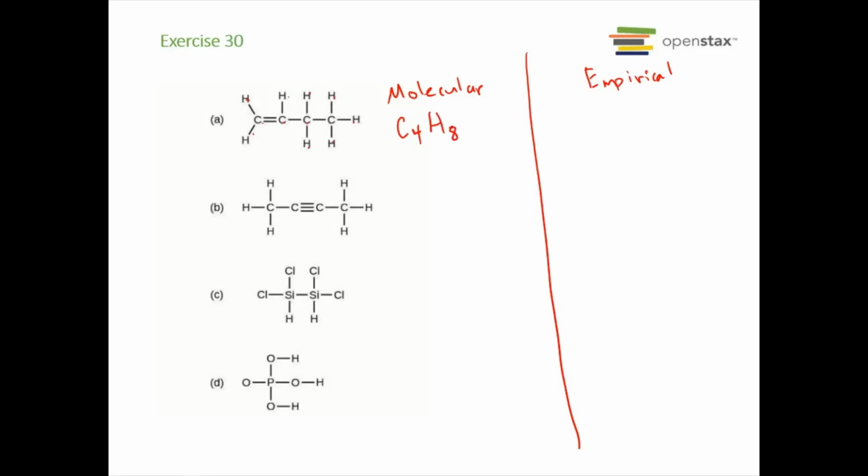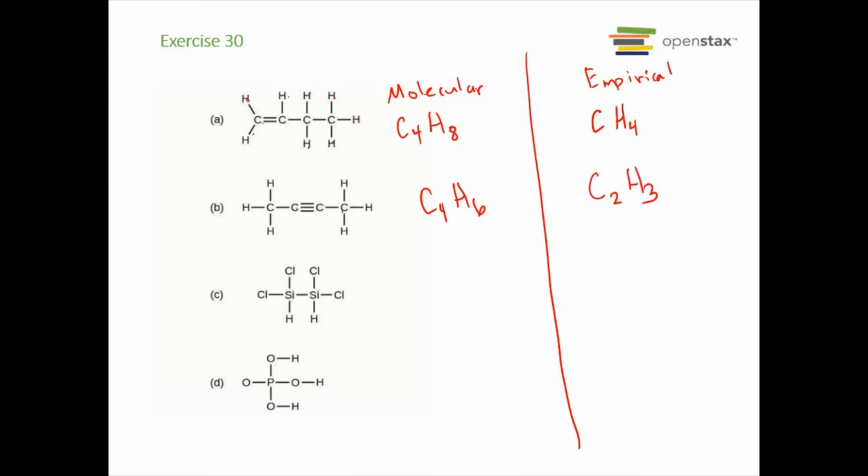Empirical formula, remember, is the lowest whole number ratio. If we divide both by 4, this comes out to be CH2. Our next one has 4 carbons and 6 hydrogens. We can divide both by 2 for the empirical, and this becomes C2H3.